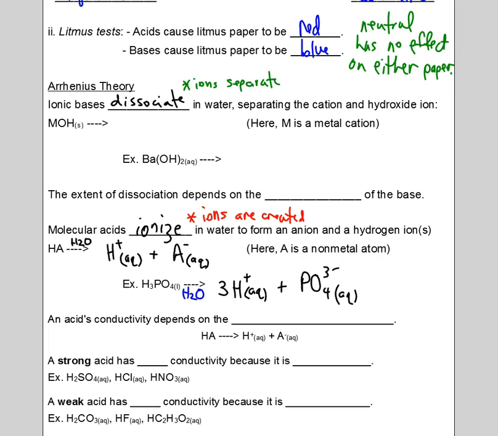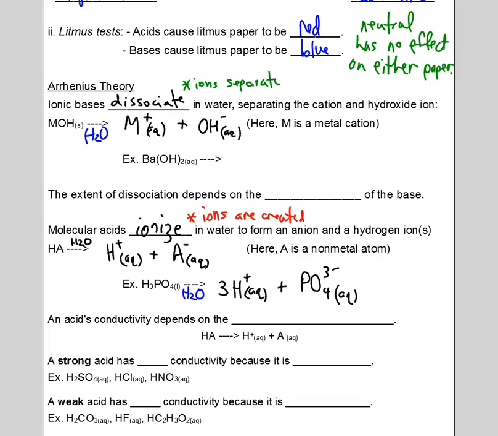Now, generally we can call the metal cation, or typically it would be a metal cation, might be a polyatomic in the case of maybe ammonium hydroxide, but the positively charged ion would be represented as M+. In the presence of water, we get that ion as well as the hydroxide ion, which is the ion that has an effect on litmus paper, and of course producing ions in solution always leads to conductivity.